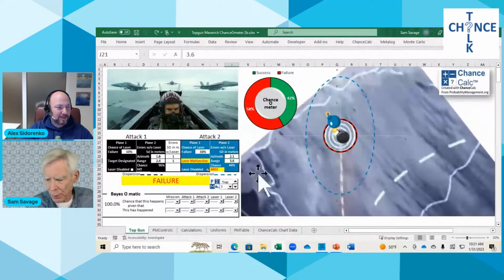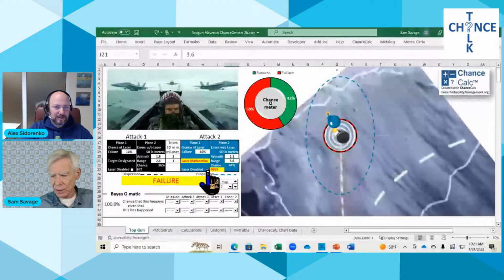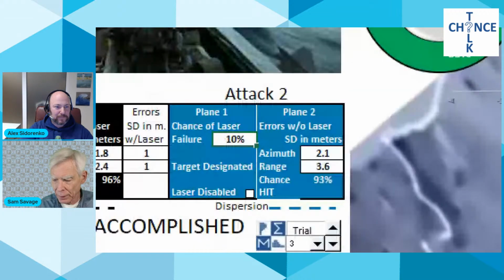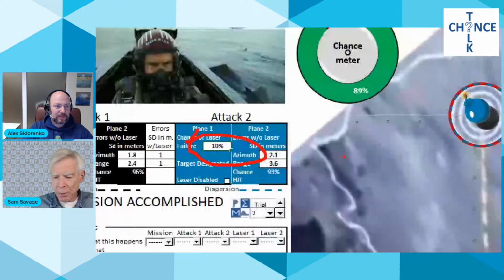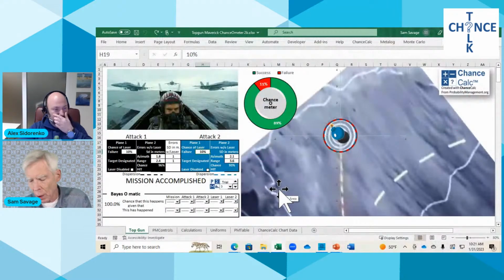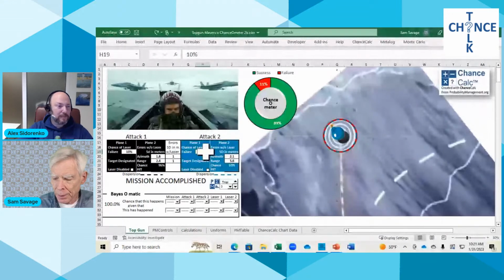And then what I'm really going to get to here is let's take a look now. I have a 10% chance, let's say, that the laser on plane 2 will fail, right? There's my 10% chance. And remember, if it fails, then I go to the bigger dispersion chart. Well, what would happen if that went to 15%?